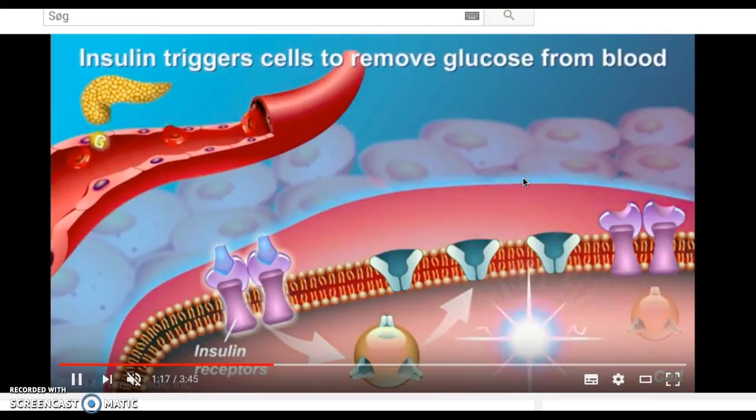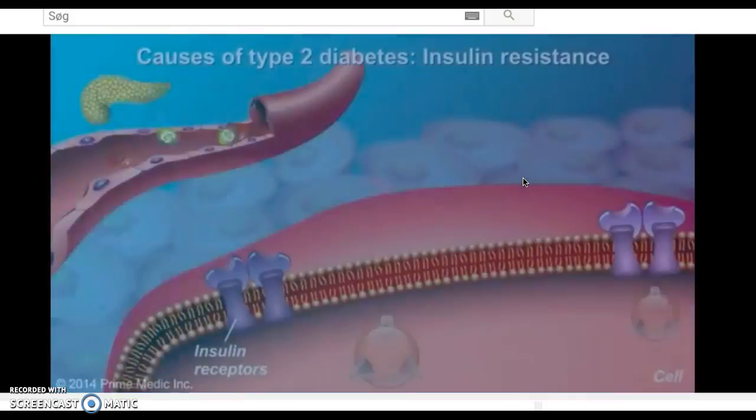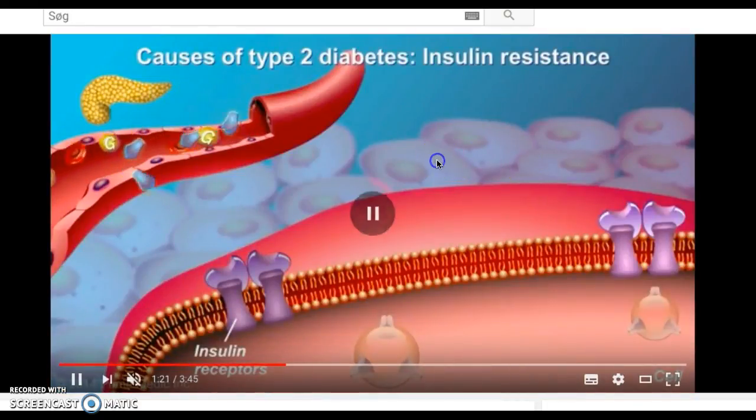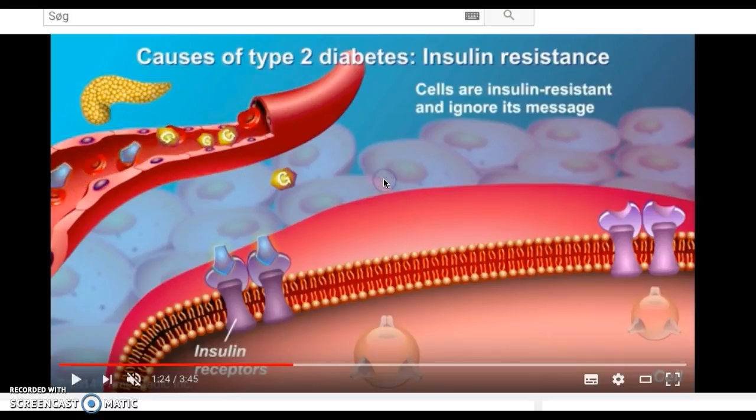And now we see how a type 2 diabetic patient's blood sugar is regulated. So again, we see how the insulin molecules bind to the receptors. But right here, we see how the message from the insulin molecules and the binding with the insulin receptors is ignored.